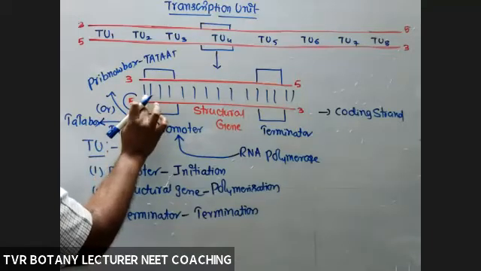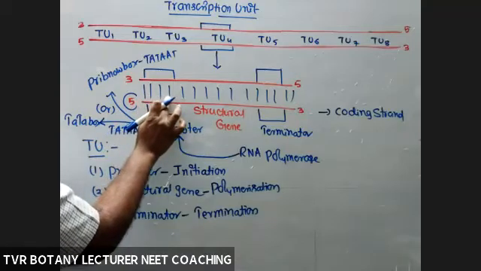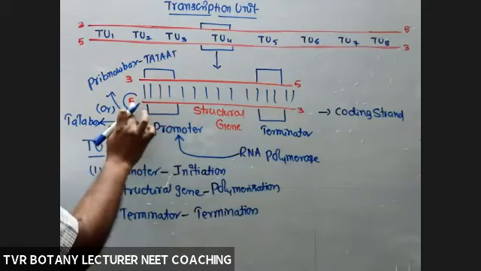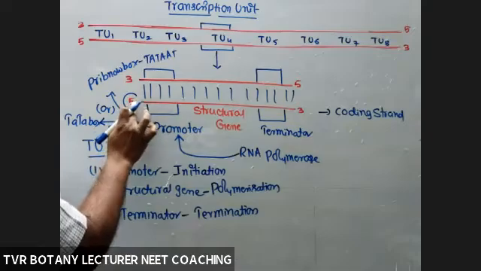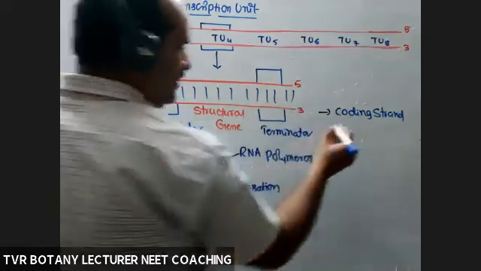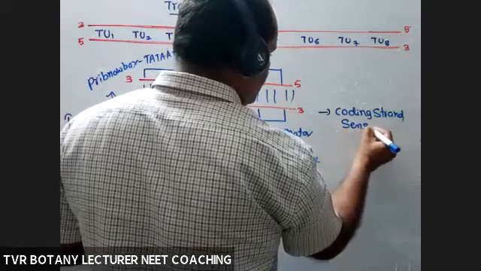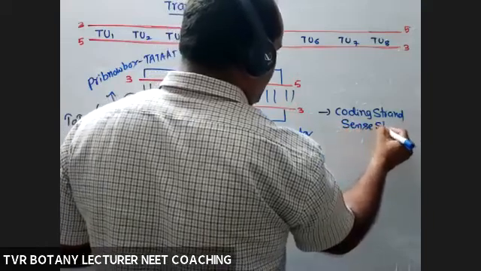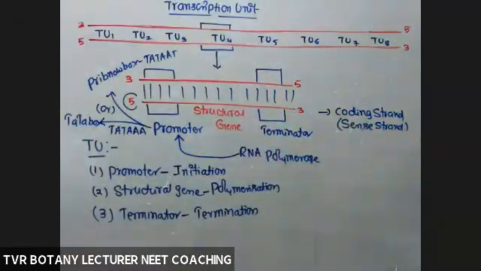All the terminology and all the strands, either template or coding, are with reference to the coding strand only. For example, your coding strand is having TATAAT, so that promoter is towards the 5' end. If the promoter sequence is towards the 5' end of a strand, that is said to be the coding strand. This coding strand is also called the sense strand. It does not code for synthesis of RNA.